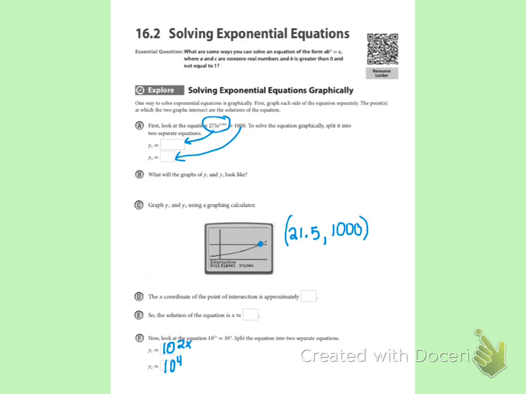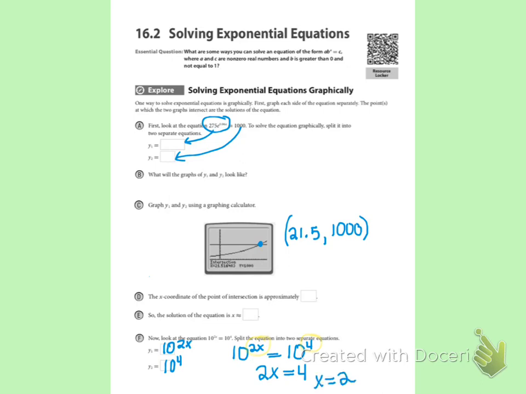If 10 to the 2x is supposed to equal 10 to the 4th, and those bases are the same, wouldn't the exponent 2x have to equal the exponent of 4? We're trying to figure out what value x would have to have to make that exponent be 4. And that means that x would have to be 2.